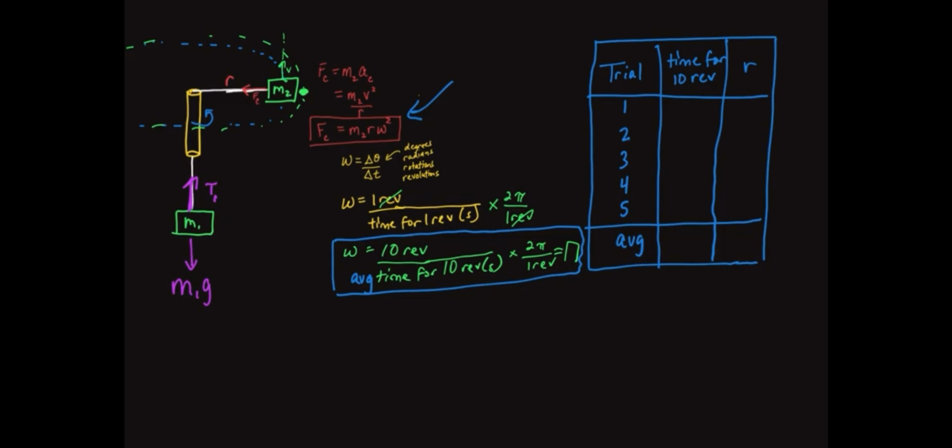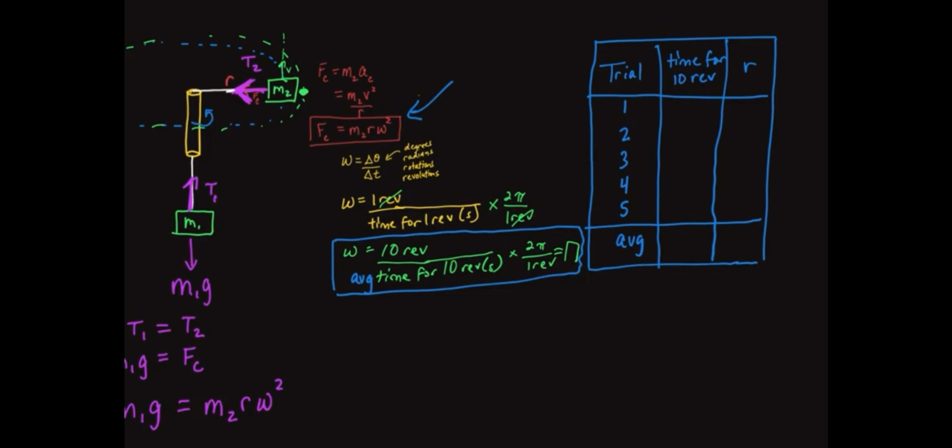But remember, the tension is the same everywhere along a string. And so the tension that's pulling M2 towards the left, we'll call that T2, is the same in magnitude as T1. So T1 is equal to T2, and T1 is equal to M1g, and that tension T2 is providing the centripetal force that's acting on M2.